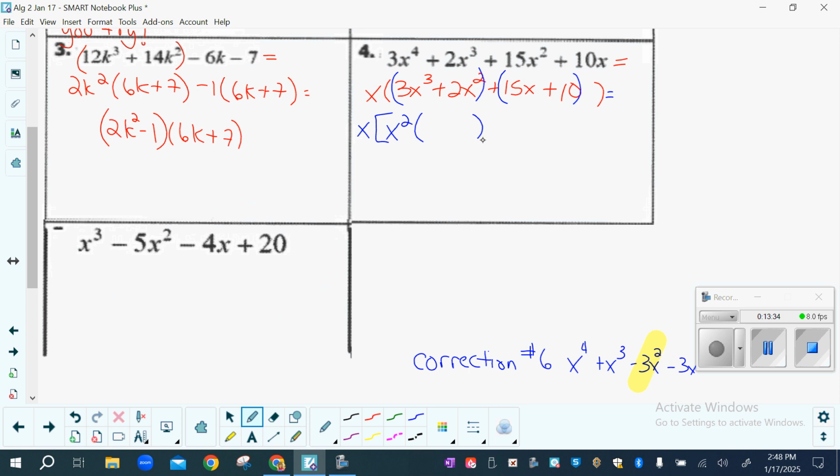X squared times what gives us 3x to the third? 3x plus 2. And then my greatest common factor here is a 5. And we would get 3x plus 2 again. So now I do inside those brackets that next step like we did on the worksheet.